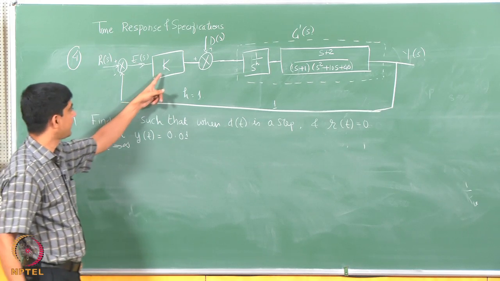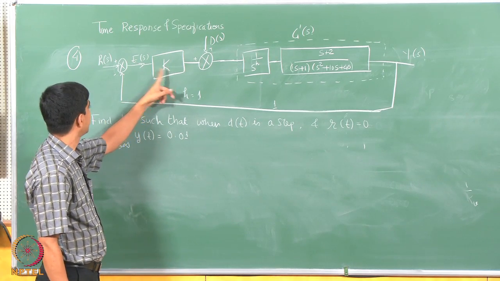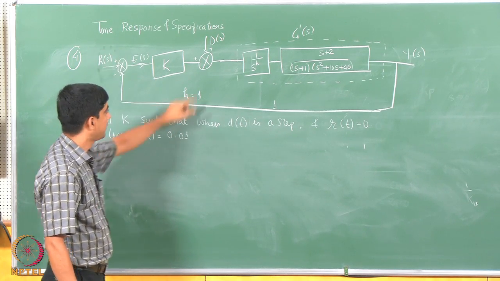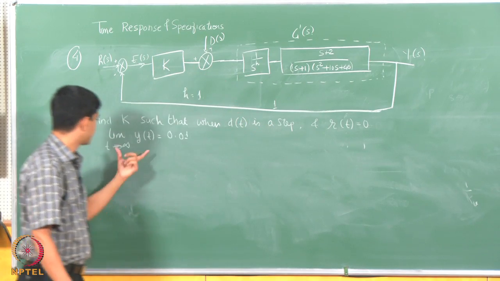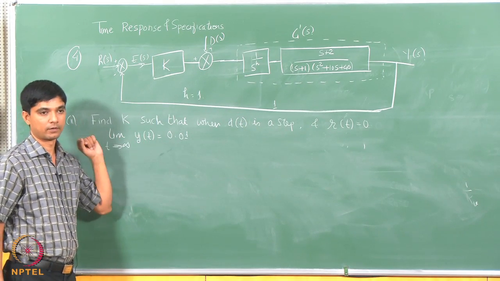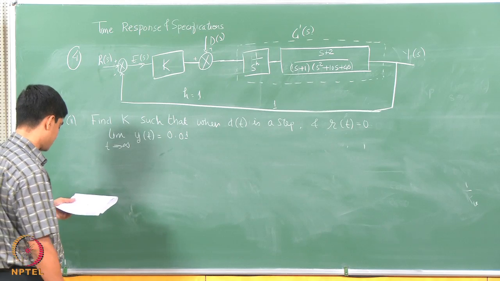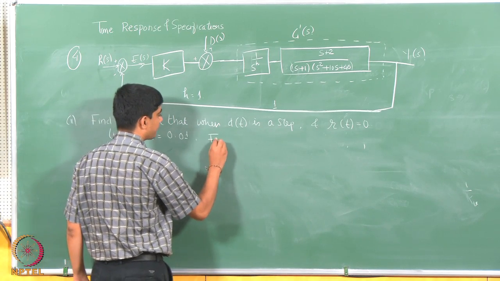So, I want to find a gain k such that when there is no reference and a disturbance which is a step, y(t) should go to 0.01. Okay.